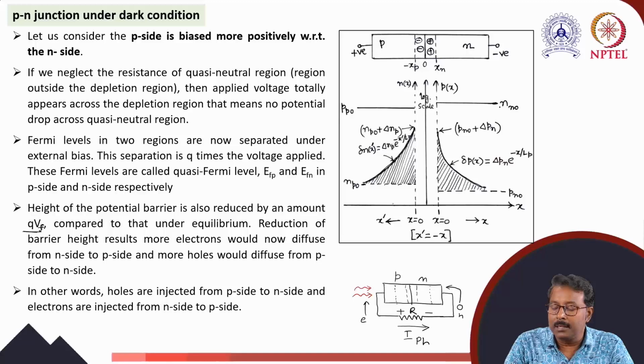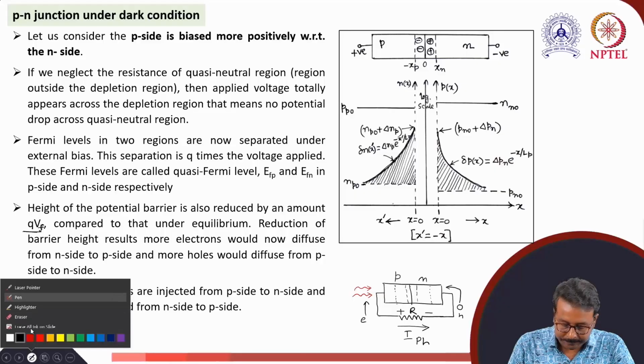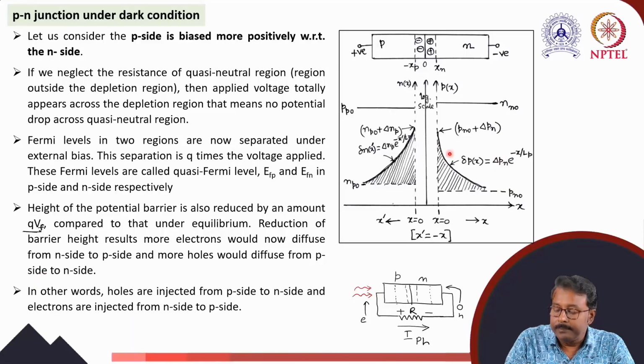It is much greater than Pn0, which is the minority hole concentration in N side at equilibrium. But after injection, due to the presence of extra electrons, the minority carrier profile will be like this. This is shown here. This will be the minority carrier profile.